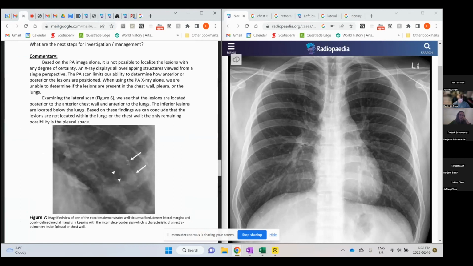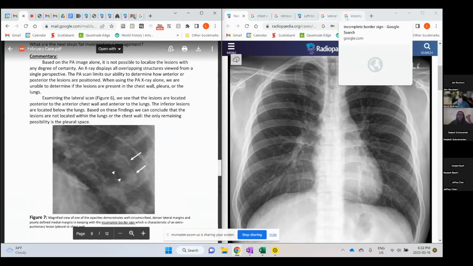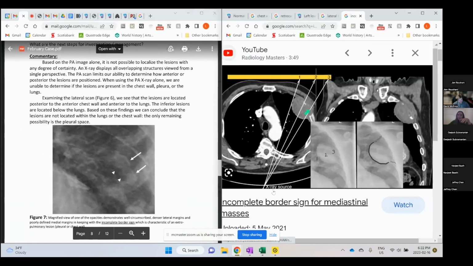Oh yes. So they're explaining a concept called the incomplete border sign, which is essentially a function of the X-ray beam. If you're shooting the X-ray from here, it comes from a single source, right? But the film is big, so all the rays are angled. So this 1, 2, 3 corresponds with these three beams, 1, 2, 3. When you have a nice interface between the aerated lung and the lesion, it's going to look sharp, like here.